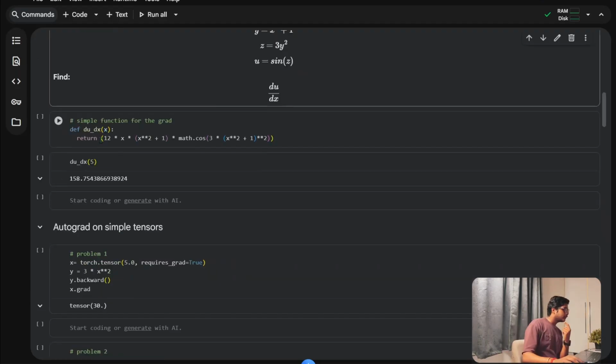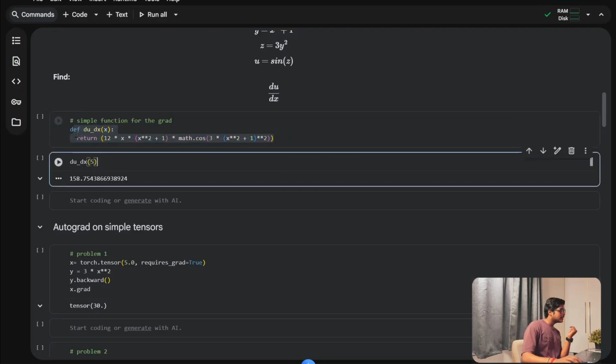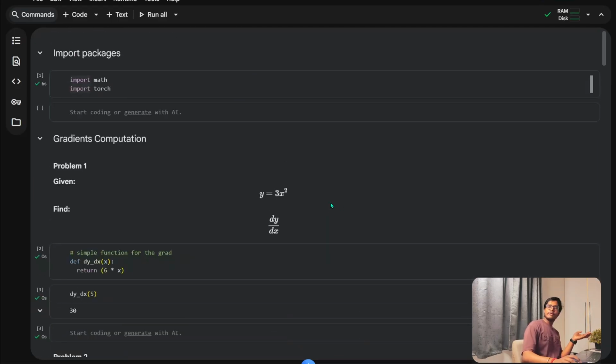So again we created this function which takes x and returns this, which is what we actually calculated also. Now I just invoked this function and passed a random x as 5, and we got the output as 158.75. So that is what the code of these three equations looks like.